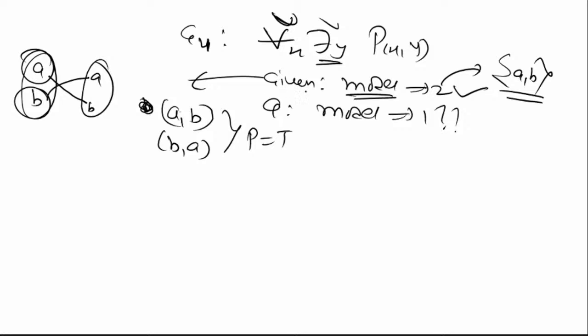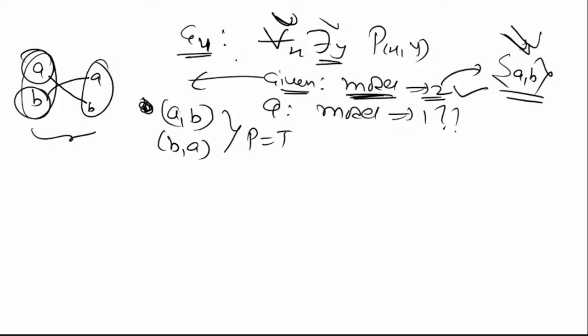So far we have only used the given information, remember, that there exists a model of size 2. Let's assume this is that domain. Now you can see that this given information is true, because for this interpretation, G4 is becoming true.